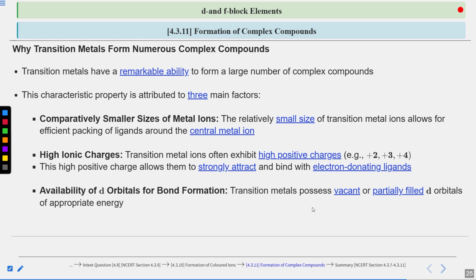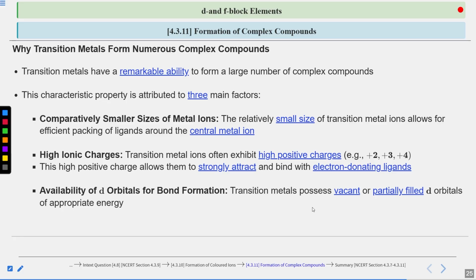Partially filled means the d orbitals can maximally be filled by 10 electrons, and each subshell can have two paired electrons of opposite spin. So it is possible in transition metals that the d orbital is partially filled, meaning all the boxes are not filled and there are empty spaces in the d orbital, right?